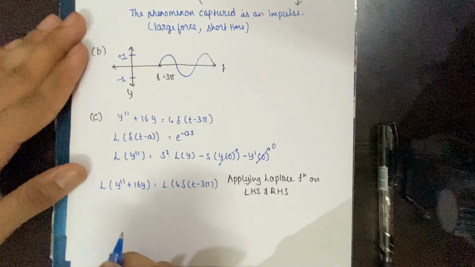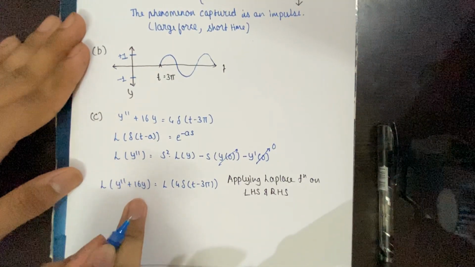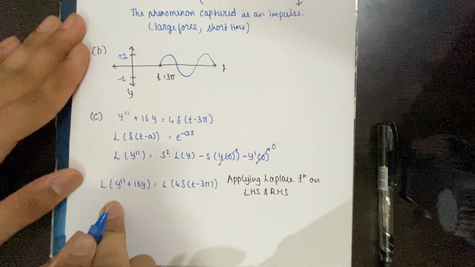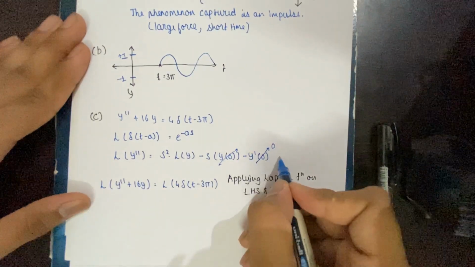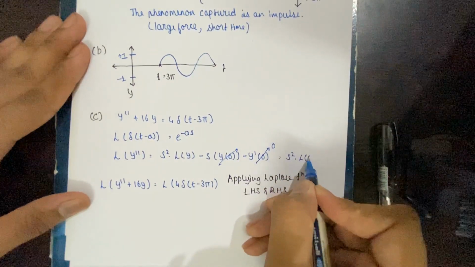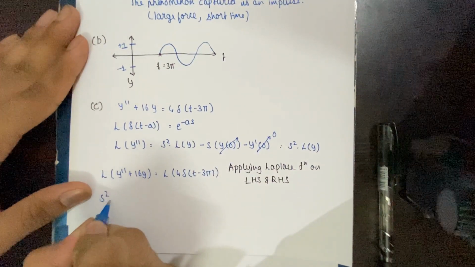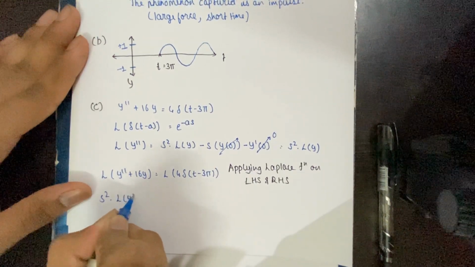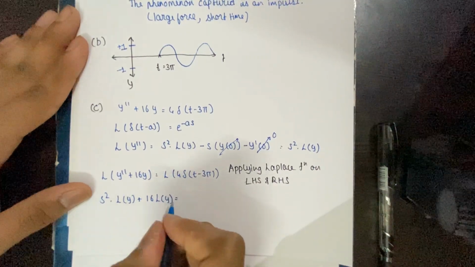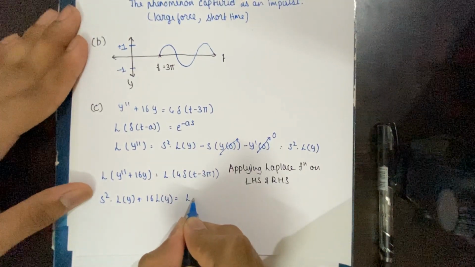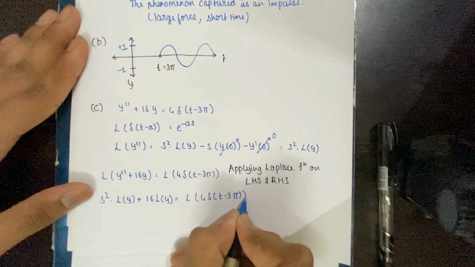Okay. So now Laplace of y double dash plus 16y is Laplace of y double dash plus Laplace of 16y. I'll directly write the step. So s square Laplace of y plus 16 Laplace of y equals Laplace of 4 Dirac delta t minus 3 pi.